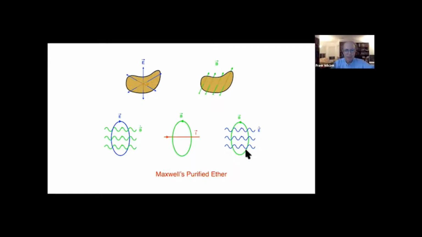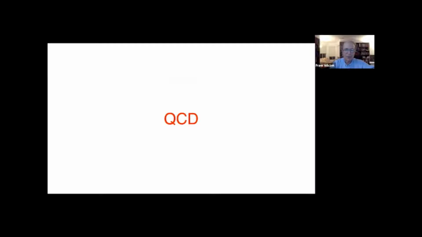By the way, there's a myth going around that the ether doesn't exist. The ether actually does exist, and we'll say more about that as we go on. So quantum chromodynamics, our theory of the strong interaction, is heavily influenced by quantum electrodynamics.